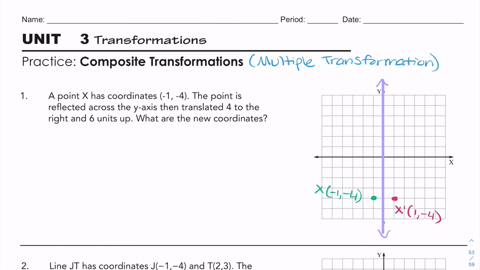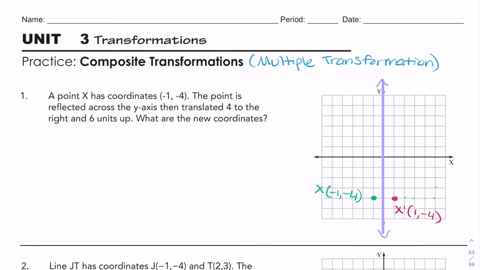or the y-axis. And then we're going to translate it 4 to the right and 6 up. So here's 4 to the right, 1, 2, 3, 4, and 6 up, 1, 2, 3, 4, 5, 6.